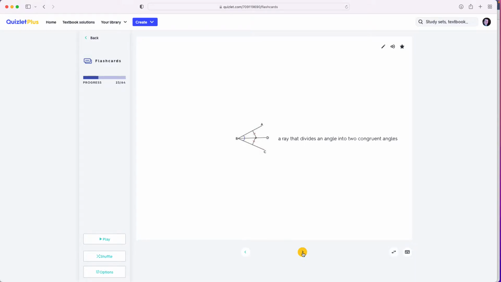A ray that divides an angle into two congruent angles is the angle bisector. A segment, ray, line, or plane that intersects a segment at its midpoint is a segment bisector. A point that divides a segment into two congruent segments is the midpoint. And these are used to show congruent segments or congruent shapes, and those are tick marks.